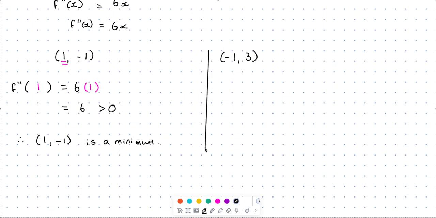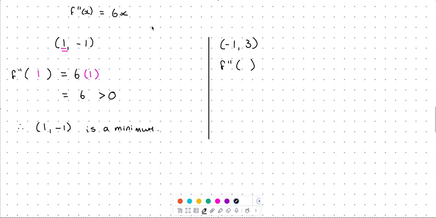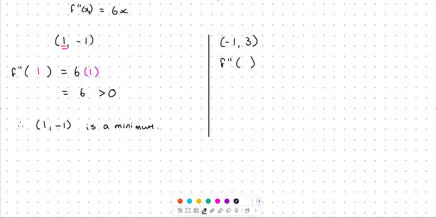This one, we should still confirm for them. So we're going to get the second derivative formula, which we just worked out up here: f2 prime of x is equal to 6x, so this time I'm going to sub in negative 1. So it's equal to 6, and then instead of x, I'm filling in minus 1 this time, and I get 6 by 1 is minus 6.